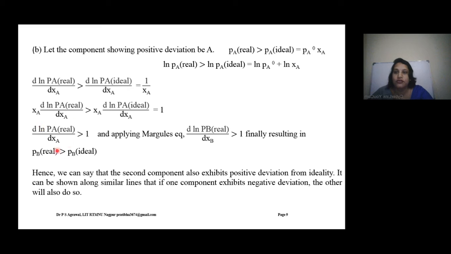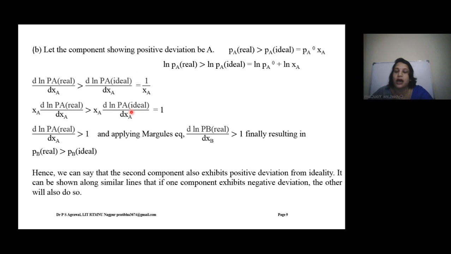Then here we reach this conclusion, and again using the Gibbs-Duhem-Margules equation we derive the same expression for B, and again by back calculation we will go to this stage. Here also we can prove that if component A was showing positive deviation, B will also follow this equation, and B will also show positive deviation on similar lines.